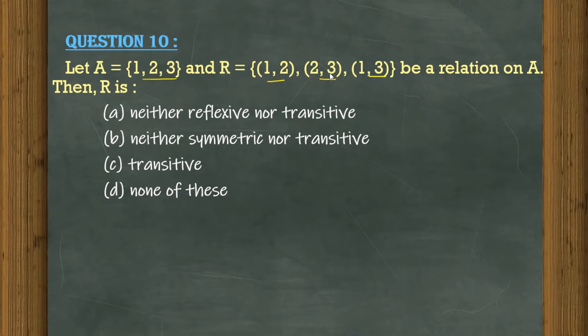So it is not symmetric also. Up to this point, first option is applicable. But (1,2) is there, (2,3) is there and (1,3) is also there. So clearly it is a transitive relation. Option is transitive.